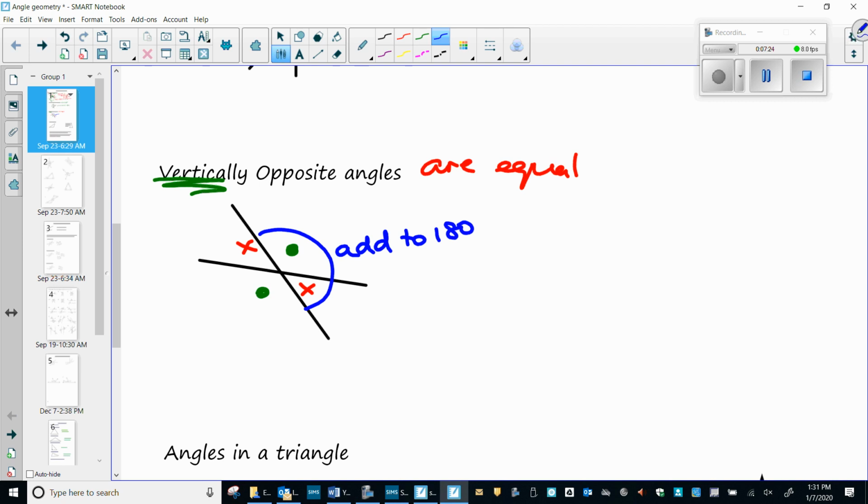So the green and the red add to 180, and the two red ones are opposite each other, so they're the same, and the two green ones are vertically opposite, so they are the same. But just be aware that sometimes you can bring in more than one reason within one question, okay?